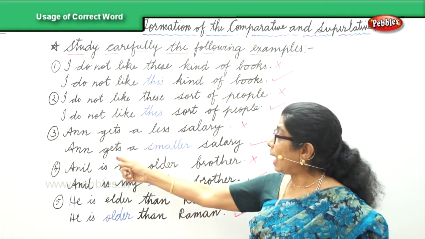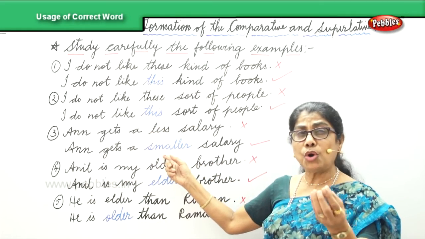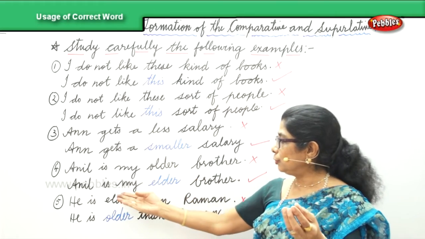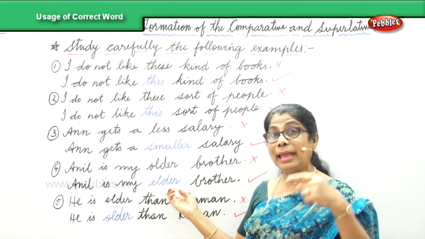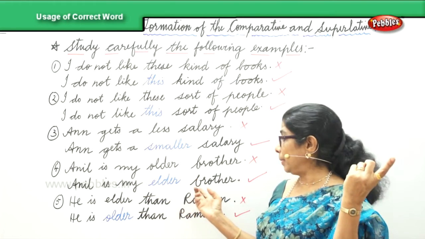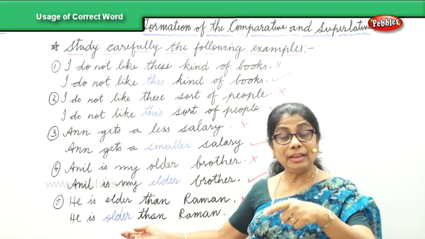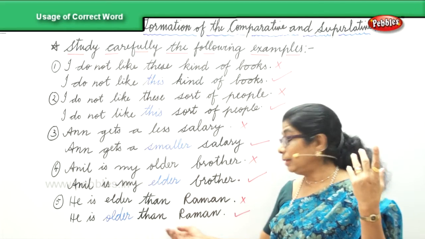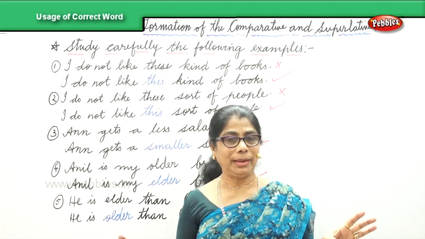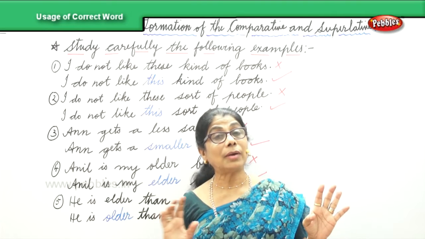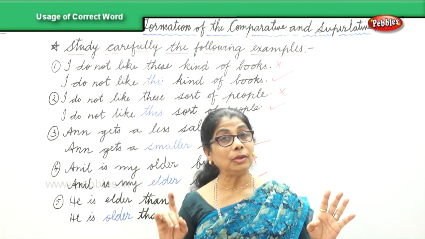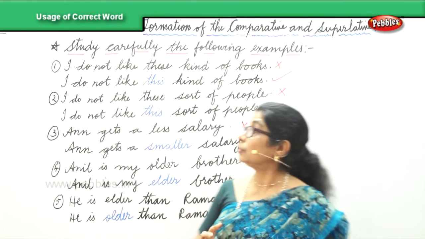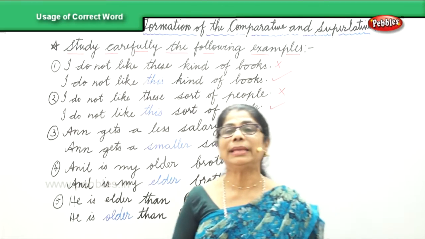You must say, Anne gets a smaller salary. You should say, Anil is my elder brother and he is older than Raman. That's the right way. When we are reading, you must read the right way.